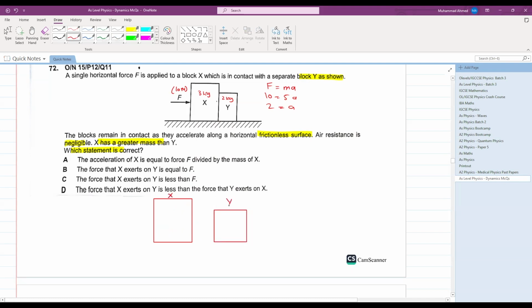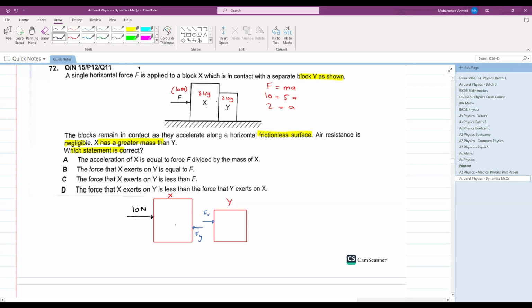Let's say this is X, this is Y, and a force of 10 Newton is acting here. Always remember, there will be a force that X applies on Y and a force that Y applies on X. So let's label them.